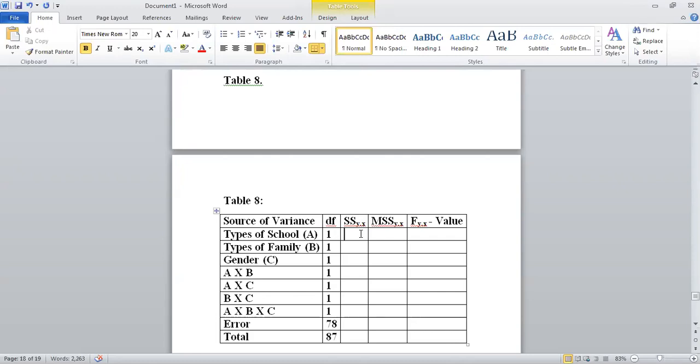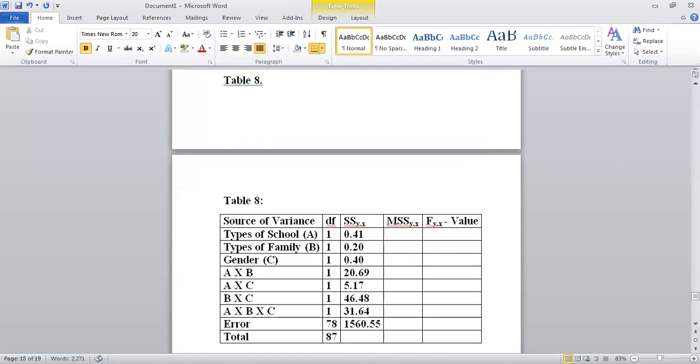Now, this is the 0.41, and next is 0.20, and next is 0.40, and next is 20.69, next is 5.17, next is 46.48, and next is 31.64, and next is 156.0.55.